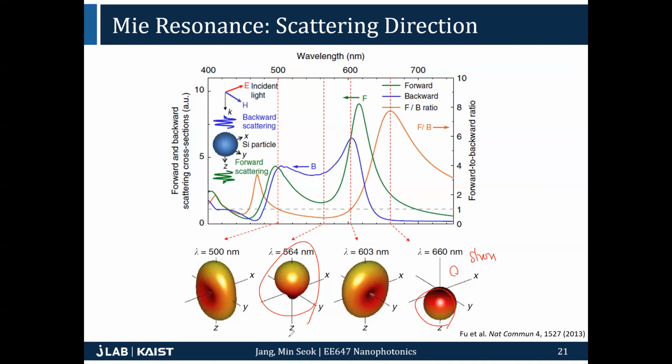But let me just tell you the answer. The reason is, at the resonance, your phase is basically flipped by 180 degrees. So let's say this is the electric dipole, and this is the magnetic dipole.